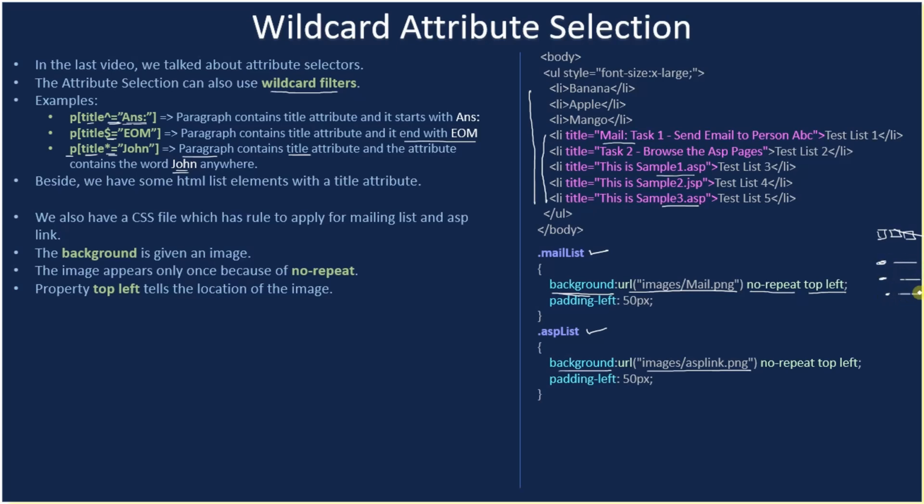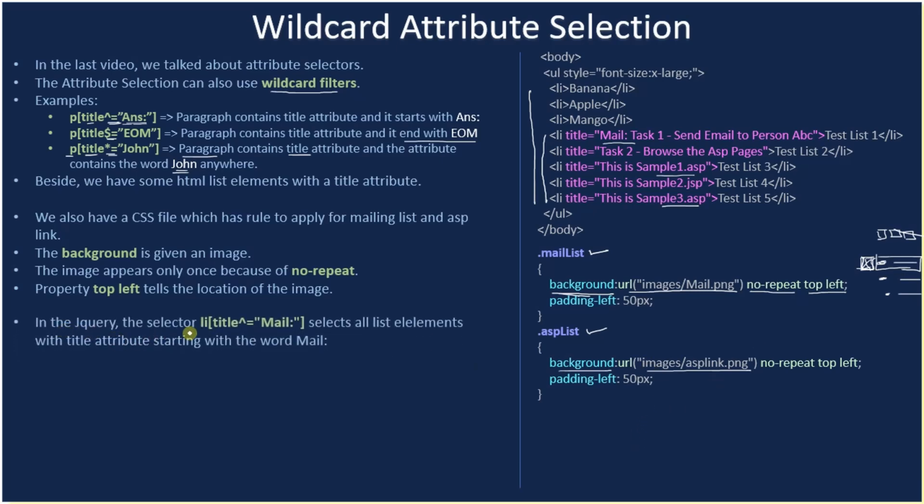Since we state no-repeat, the image will not be repeated, and the location of the image is top left. So if this is the one HTML element, we want the image to appear in the top left. This is width and height, and the image will appear like this. So we are going to create an icon based image, and that's the size of the image.